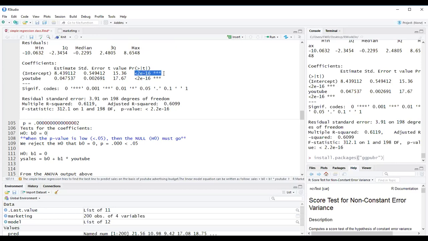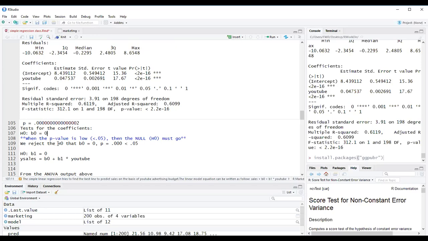For the p-value, the probability that your B sub 0 is equal to 0 is 0.00000, etc. That's a very, very low probability. It's practically 0. So what's our conclusion? We reject this null hypothesis that B sub 0 is equal to 0.